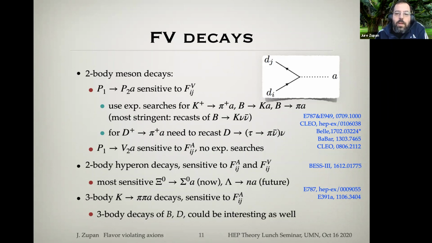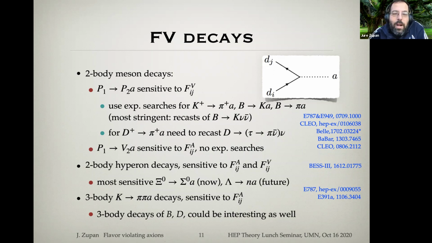For instance, for B to K a, the search that is being done is really for B to K nu nu bar, the standard model decay, B to S nu nu bar, where the B to K a would be the zero mass bin in the nu nu bar, right?